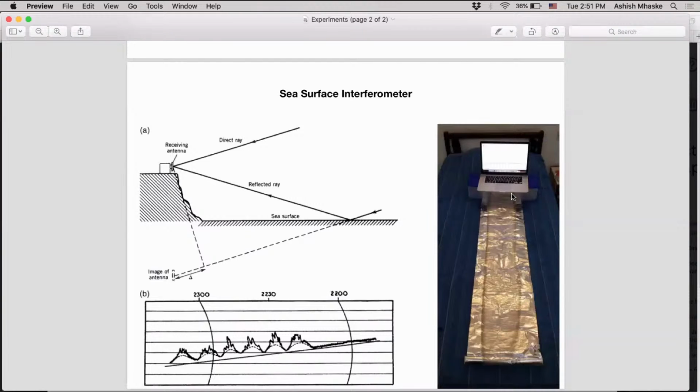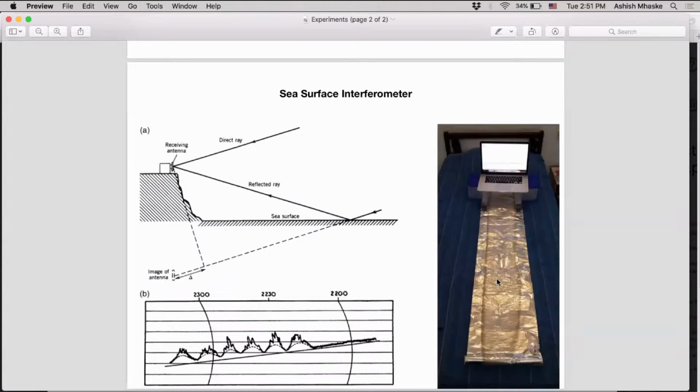You can try putting it on a chair or a small stool. It is recommended not to keep this height too large, otherwise the reflected ray has to travel a much longer distance and it might not give you the best result. But those are parts of experimenting, and you can try different heights above this reflecting surface.